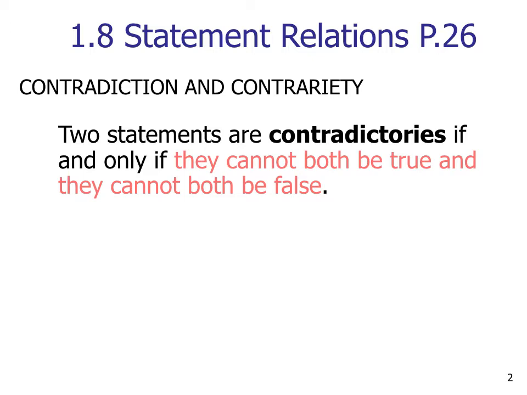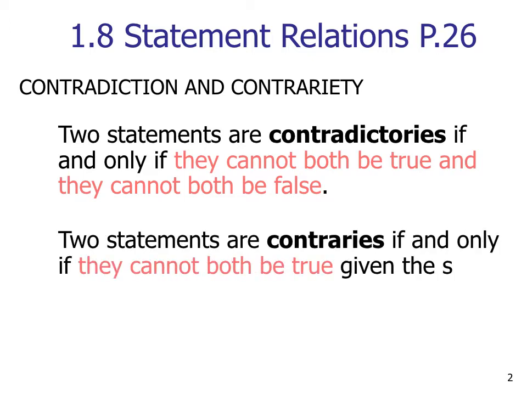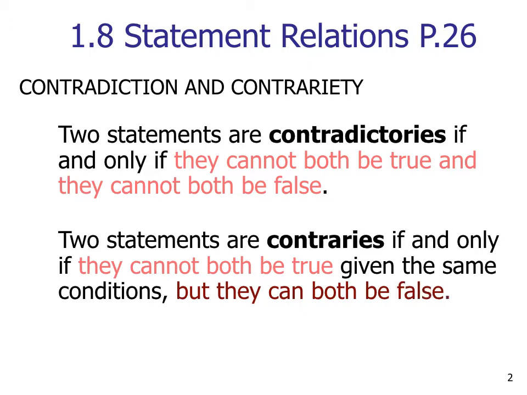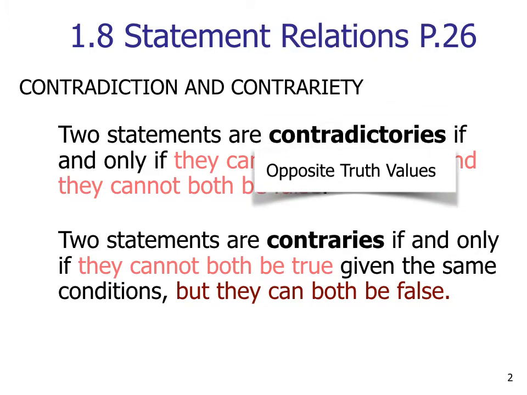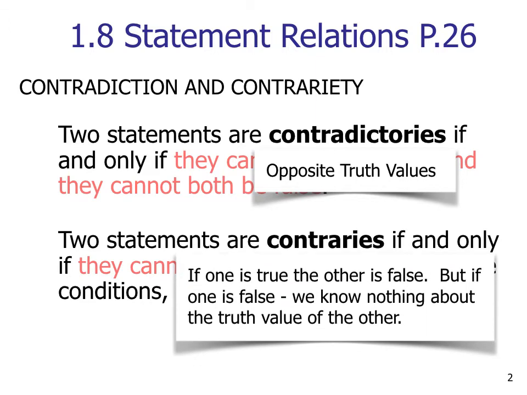Two statements are contraries if and only if they cannot both be true, given the same conditions, but they can both be false. So our contradictories have opposite truth values, whereas with our contraries, if one is true, the other is false, but if one is false, we know nothing about the truth value of the other.